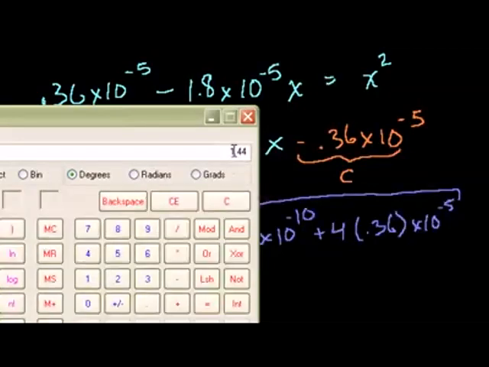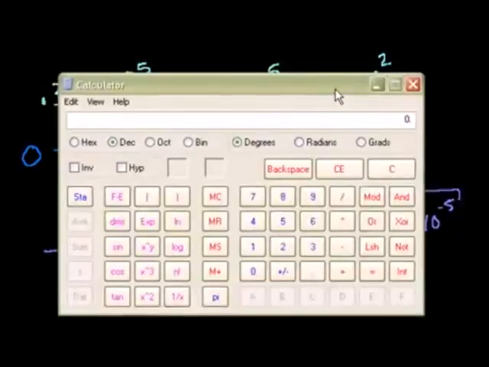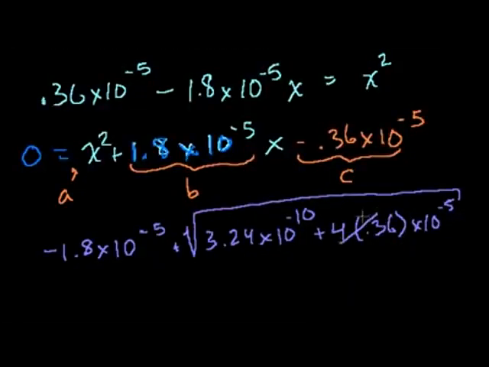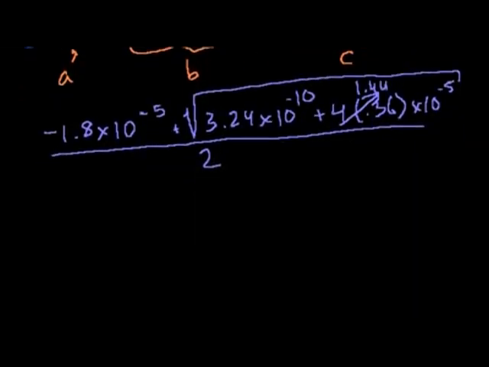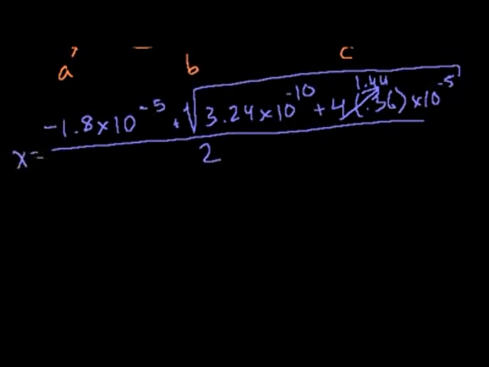Now you have 1.44 E minus 5 times 10 to... So let me write that. So this is 1.44. And of course all of this is over 2A, 2. And this is going to be my X value, my concentration of OH.